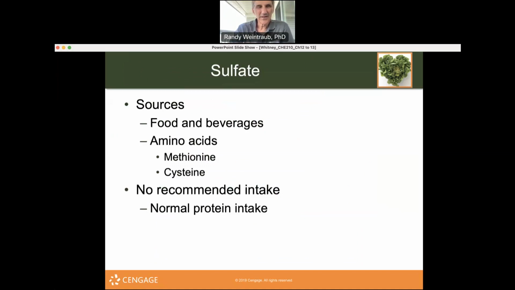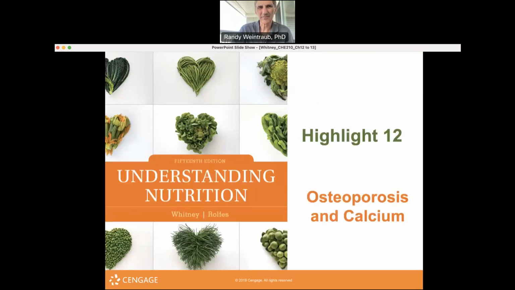It's important because it's a part of a couple of amino acids, methionine and cysteine. There's no number given in recommended intake, and normal intake of protein usually is sufficient to get enough of the sulfate that is required.